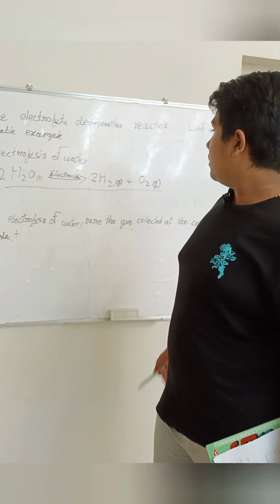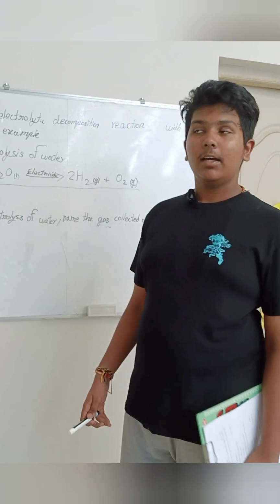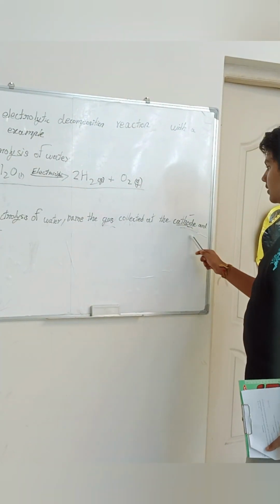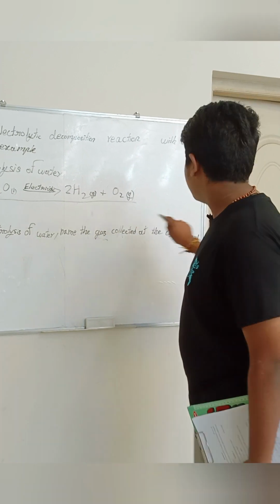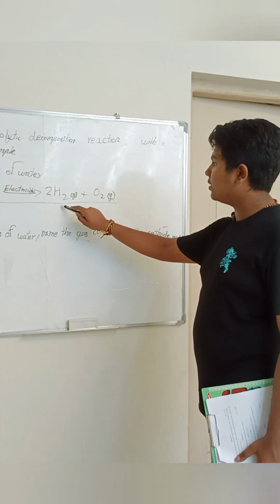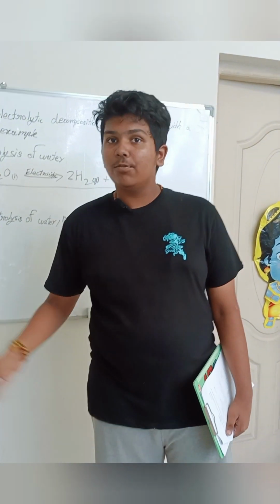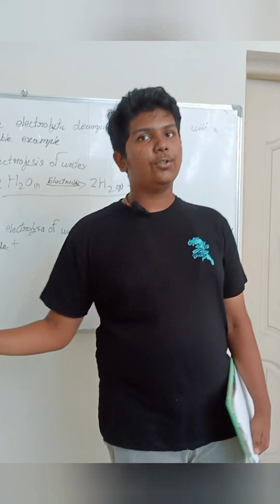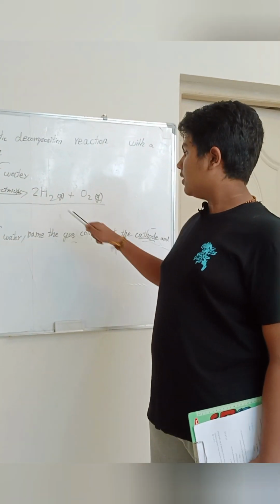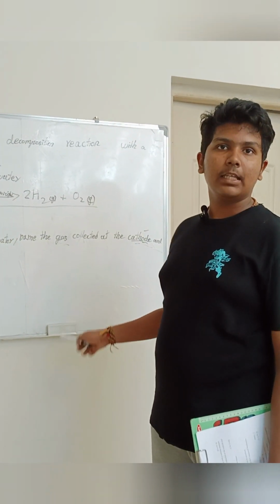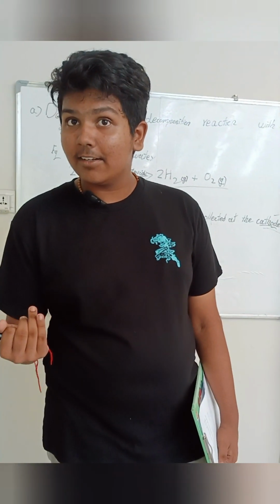So let's say this guy is a boy, a man, and he sees this cathode as a girl. So this guy will go to this girl. He won't go to the positive, which is another guy, right? He won't fall in love with another guy. So no way, he'll fall in love with the girl. So this positive is going to this negative, because unlike charges attract each other, right?